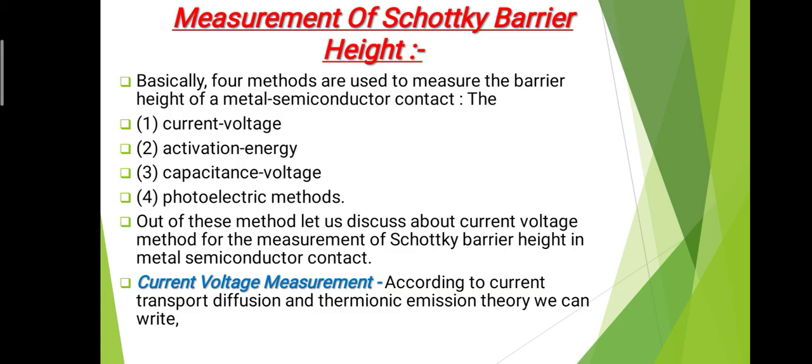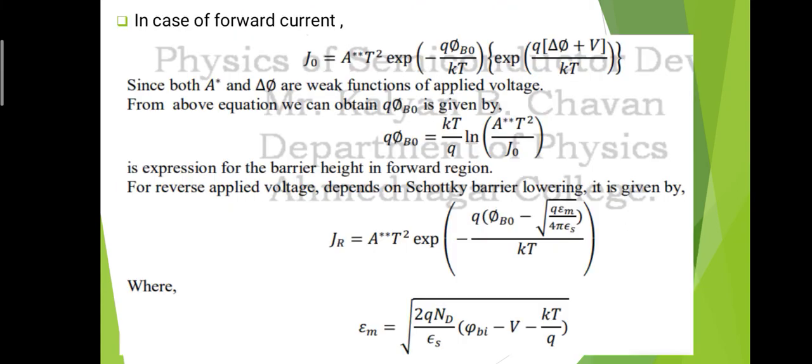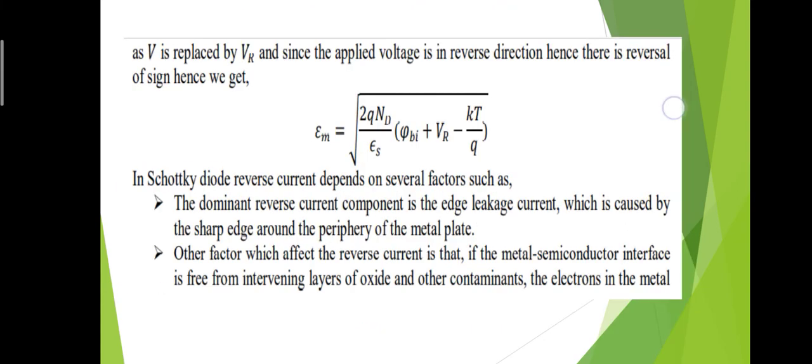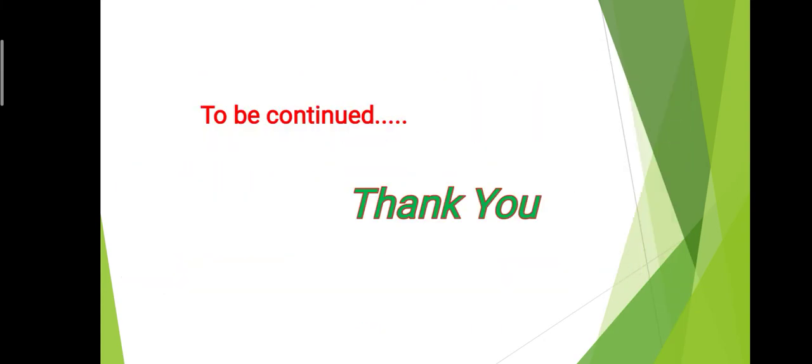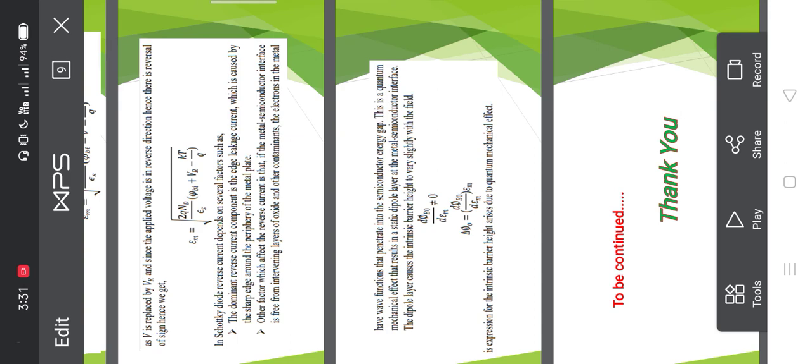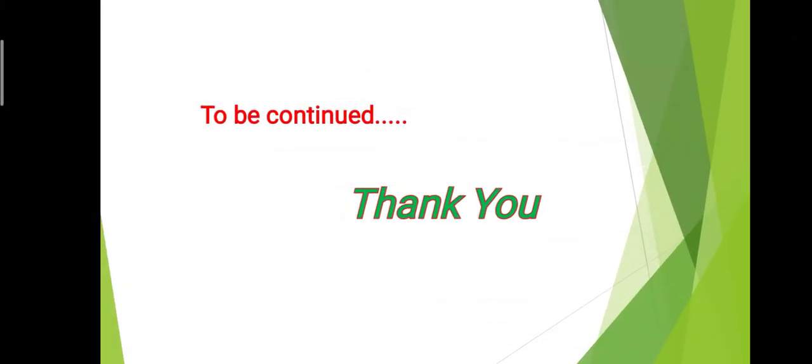We have discussed only the current voltage method for the measurement of the barrier height. So in this way we have studied the barrier height of the Schottky diode by using the current voltage measurement method.